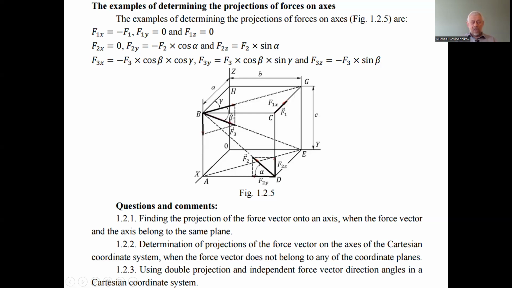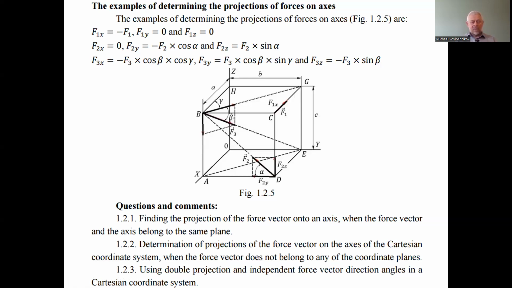Determination of projections of a force vector on the axes of the Cartesian coordinate system when the force vector does not belong to any of the coordinate planes: we use the cosines of the direction angles of the force in this coordinate system.